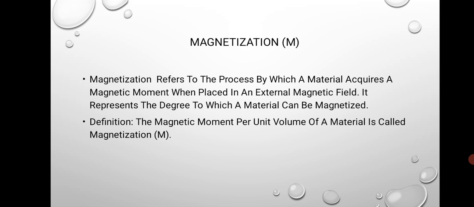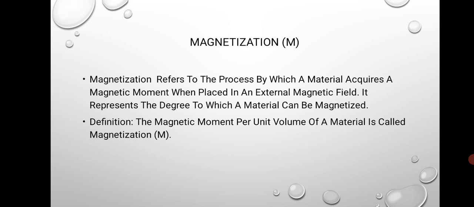The definition of magnetization: when a material is placed in a magnetic field, the atomic magnets align partly or totally in the direction of the applied magnetic field. This process is called magnetization.